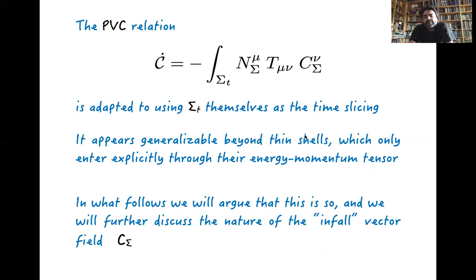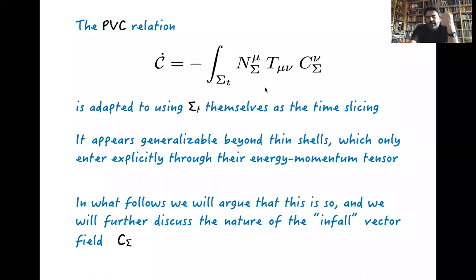The idea of the talk is to try to see if this equation generalizes and how much, that is, how much such an equation could be hardwired into the complexity equals volume correspondence.